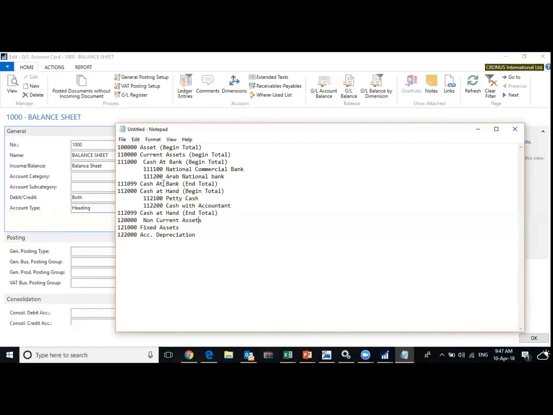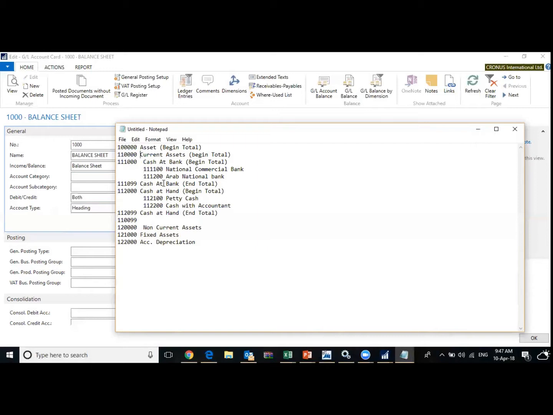Same way you're going to continue. Now, if for example I have closed all my current accounts, what I will do is close this category. I will say that my current assets was 110099. So what I'm doing here is I'm actually closing this category.